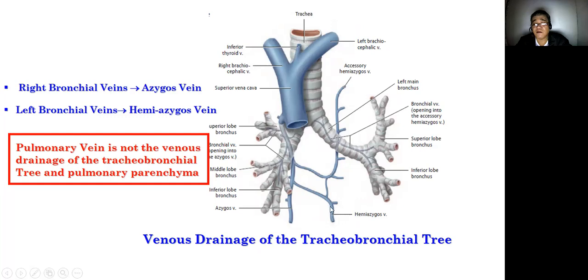The hemiazygos veins and the accessory azygos veins eventually empty into the azygos vein, and the azygos vein goes up, curves, and empties into the posterior wall of the superior vena cava. The pulmonary vein, by the way, is not the venous drainage of the tracheobronchial tree, because the pulmonary vein is the only vein in the body that carries oxygenated blood.